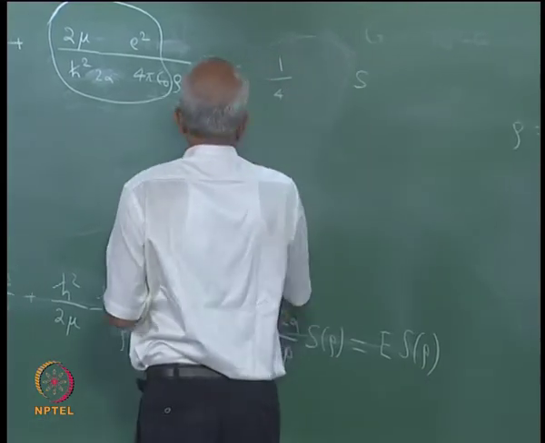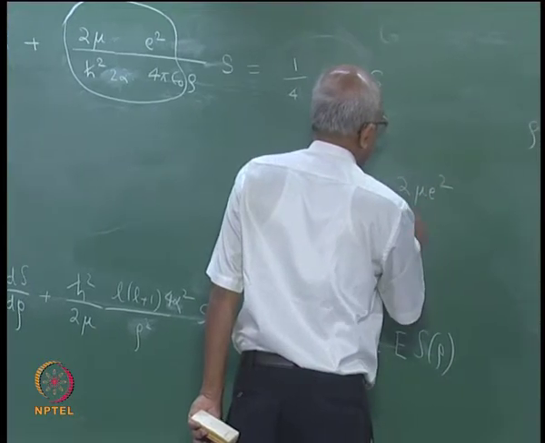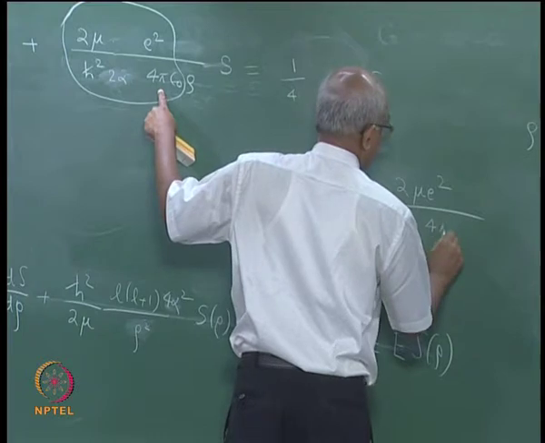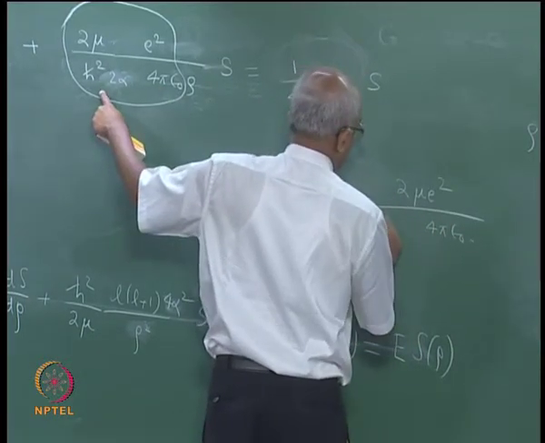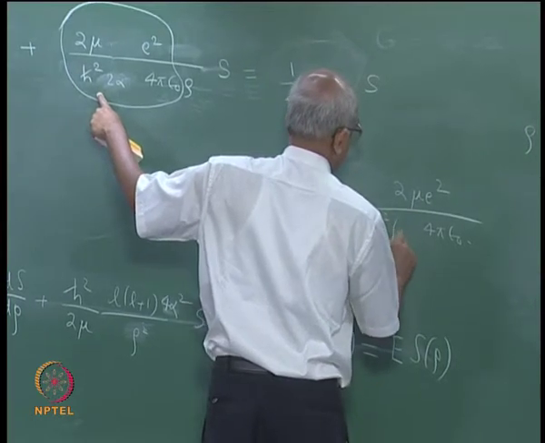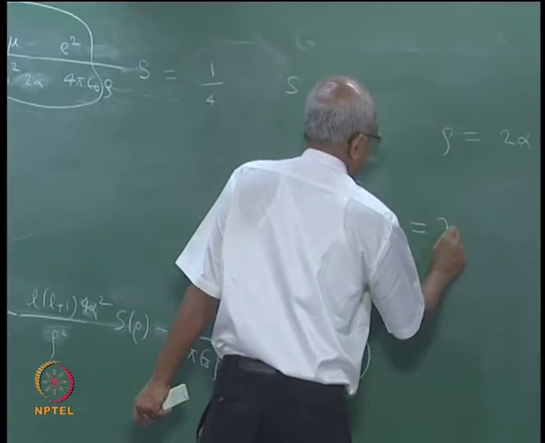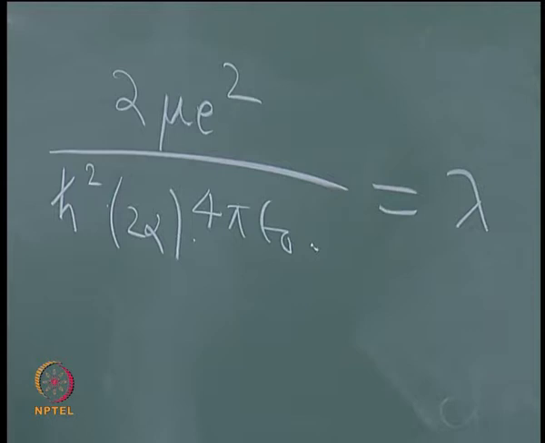So, what I will do is I will define this 2 mu e square divided by 4 pi epsilon 0 into h cross square into 2 alpha. Let me just denote it by the symbol lambda, because I do not want to be writing this again and again.